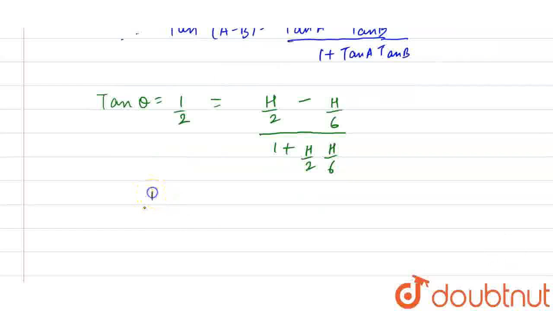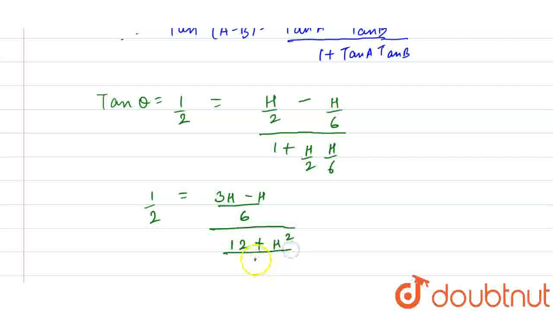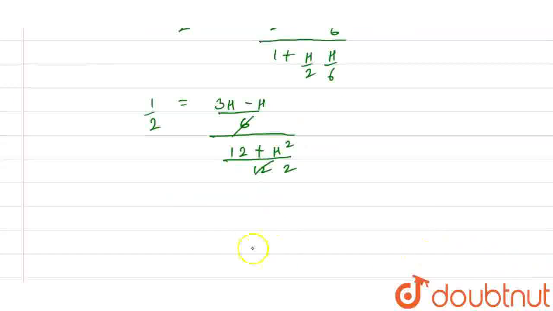Taking the LCM, which is 6, we get 3h minus h divided by 6, and the denominator becomes 12 plus h square divided by 12. The 6 cancels with 12 by 2, so 1/2 equals 2h multiplied by 2, that is 4h divided by 12 plus h square.